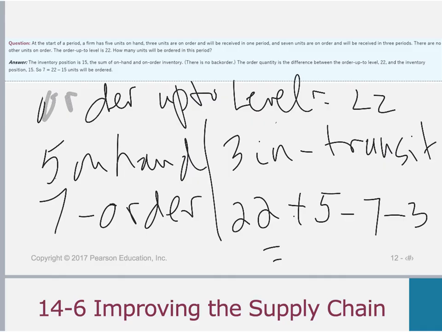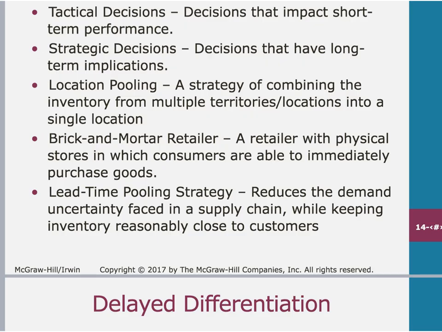So you'll order 9 units in order to maintain your target of 22 pieces maximum. Okay, that's what order up to means.